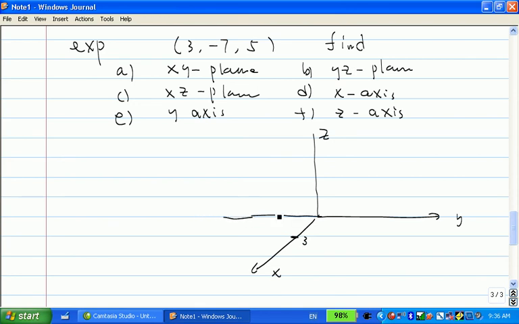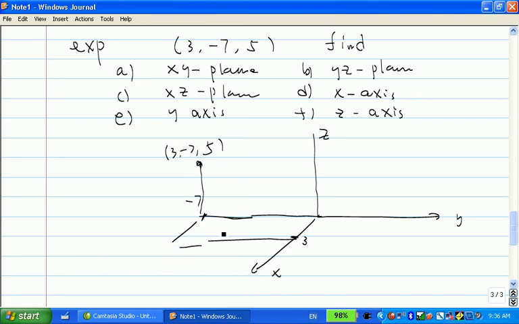Okay, so it is here, -7. Then go up 5 units. Okay. So this point is 3, -7, and 5.